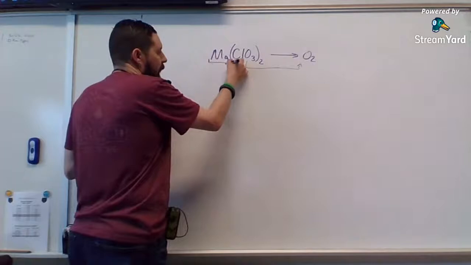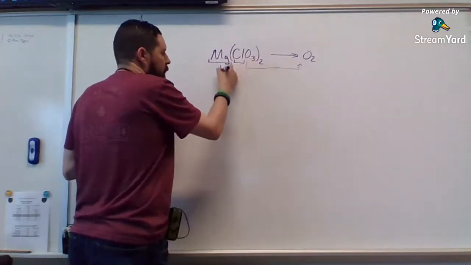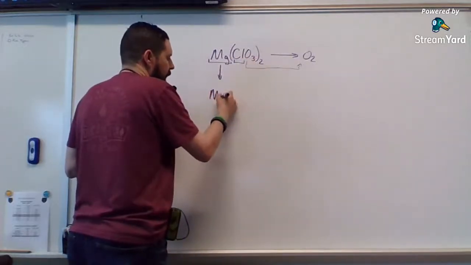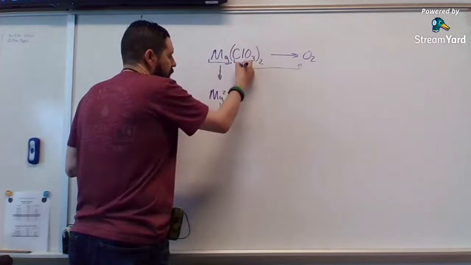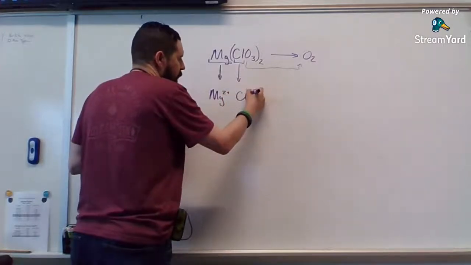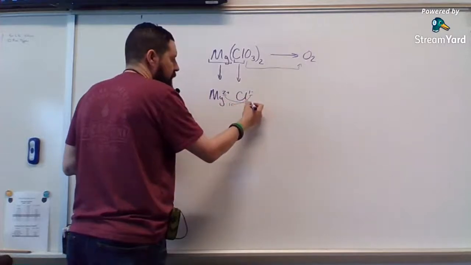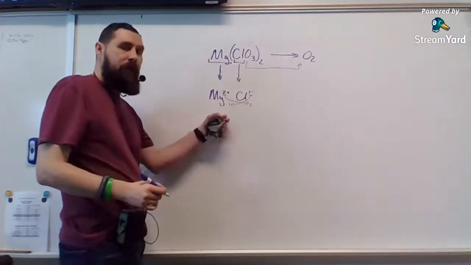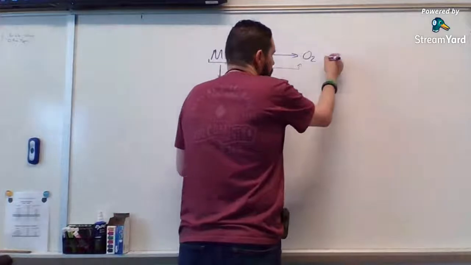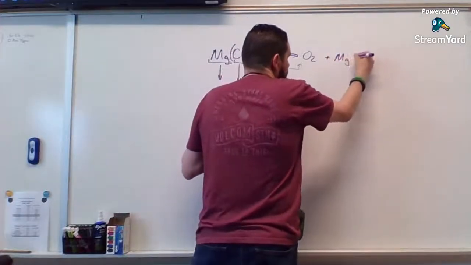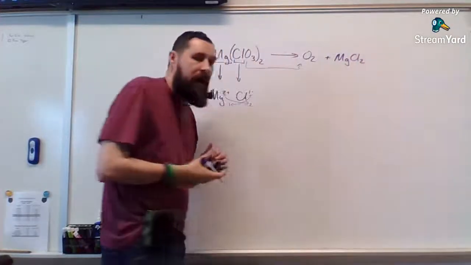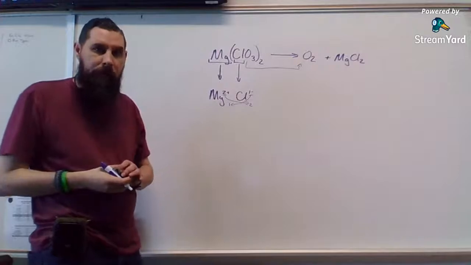Then I would have my metal and my chlorine. So magnesium is 2 positive, chlorine is 1 negative. And when I cross over those charges, Mg1Cl2, and I get MgCl2 as my metal chloride.